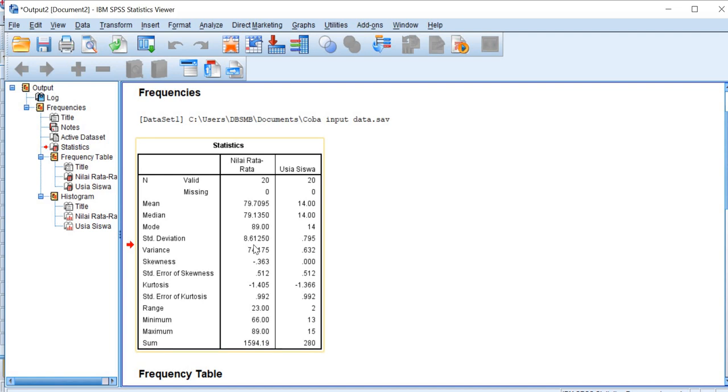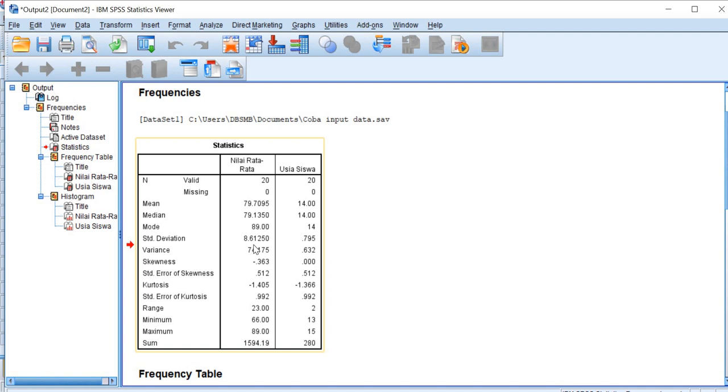Standard deviation is the difference between the whole score and its mean in each variable. We get here the standard deviation for nilai rata-rata is 8.6 something, while for usia siswa we have 0.795.